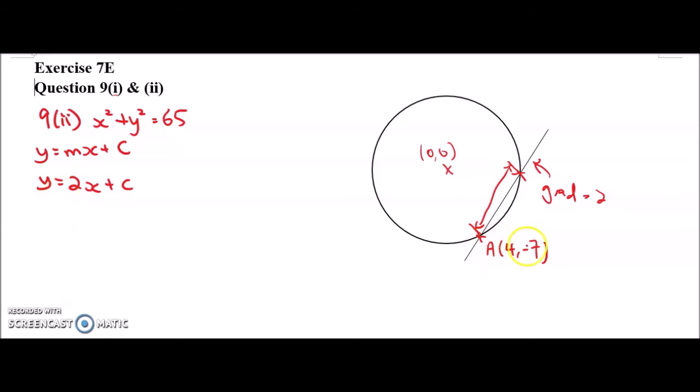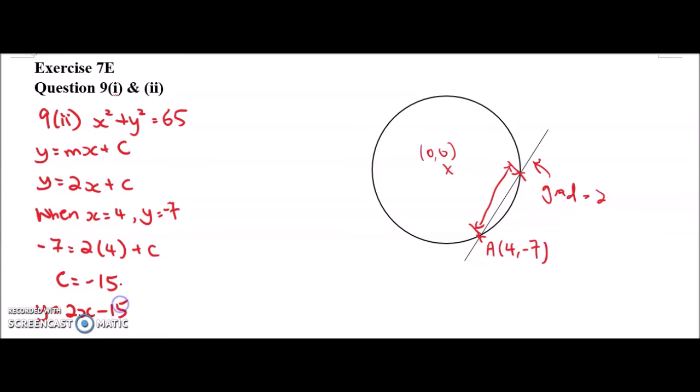To find c, we use point A, where x equals 4 and y equals -7. So -7 equals 2 times 4 plus c, so c equals -15. The equation of this straight line is y equals 2x minus 15.